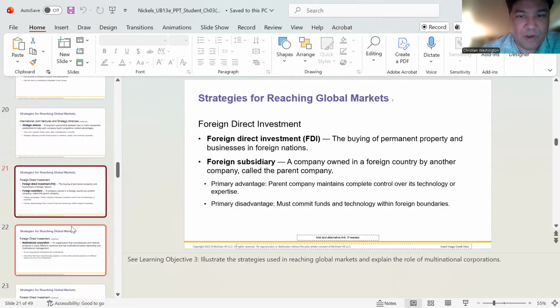And we went over foreign direct investment. So foreign subsidiary, a company owned in a foreign country by another company called the parent company, right? The parent company is where a company maintains control over its technology or expertise. Sorry, I said foreign subsidy. I meant to say subsidiary, excuse me. Foreign subsidiary.